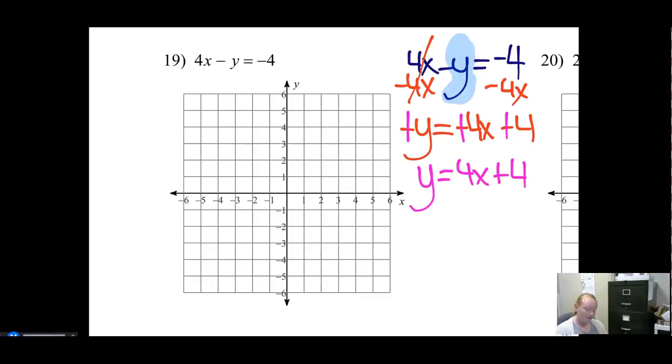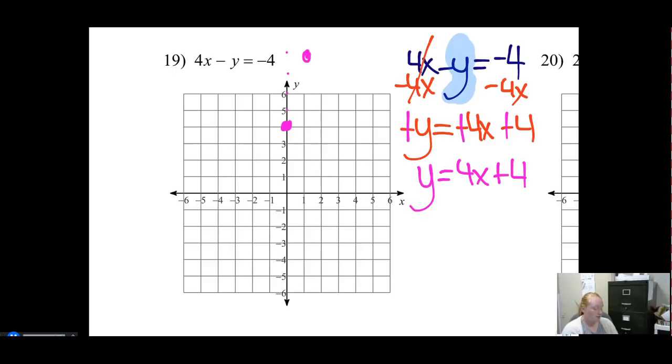I'll go in graph, and I'll get 4 at my y-intercept, and I'll move up 4, 1, 2, 3, 4, and over 1. This gets me a dot that puts me off of my graph. I like to do this because personally I like to double check and make sure that I did everything right when I go backwards.